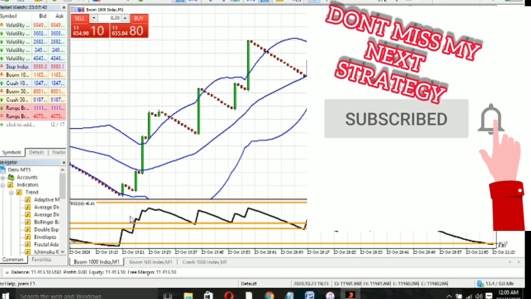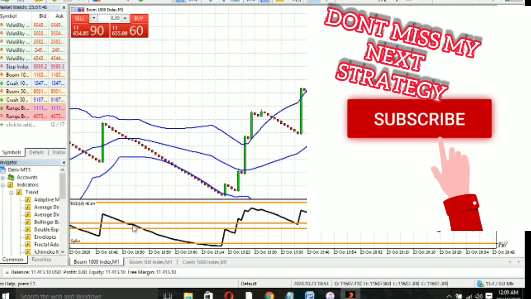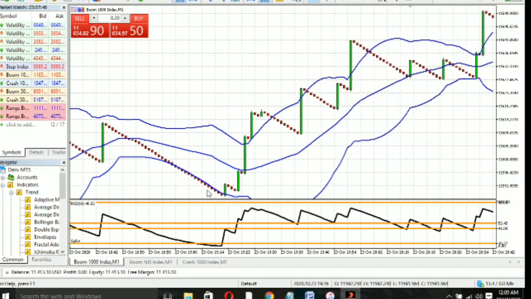Whenever the trend is coming down, you can sell. When the trend gets to this level, don't sell. You just remove your sell immediately, and then monitor it.